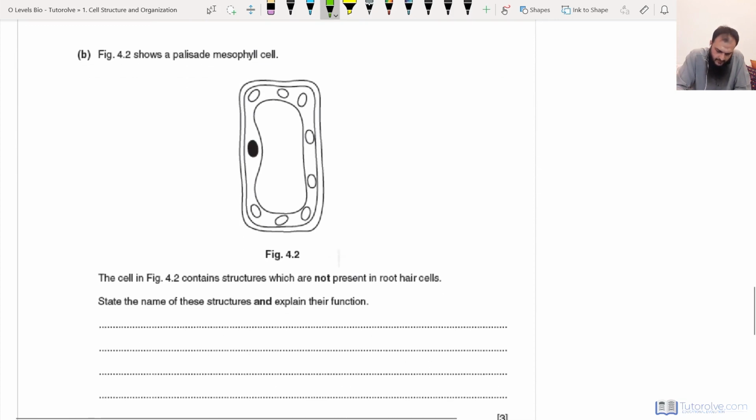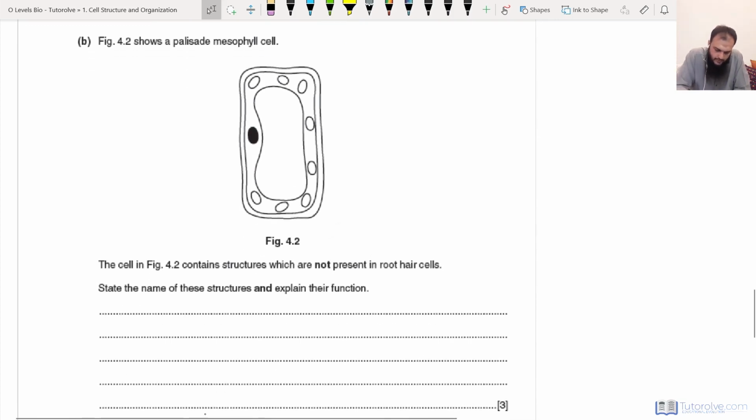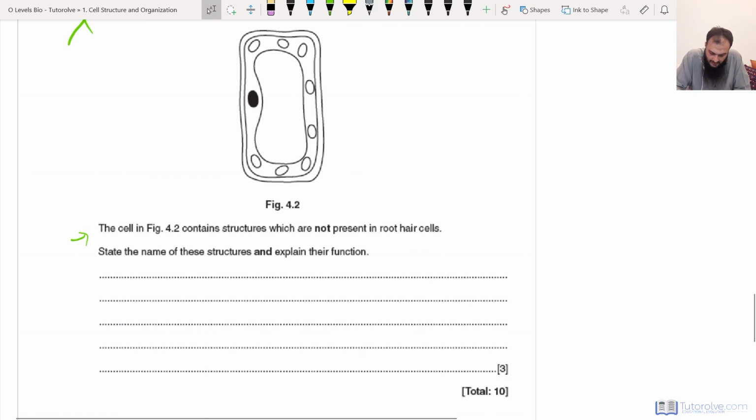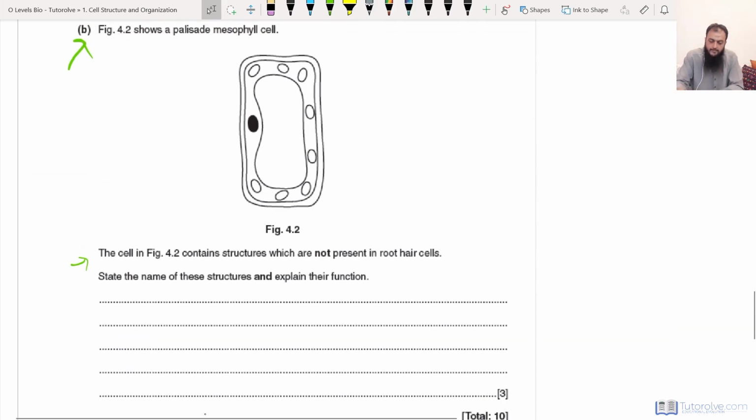And the last part of this question is: figure 4.2 shows a palisade mesophyll cell. The cell in figure 4.2 contains structures which are not present in root hairs. State the name of these structures and explain their function. Now, remember, a plant basically has 3 major things.